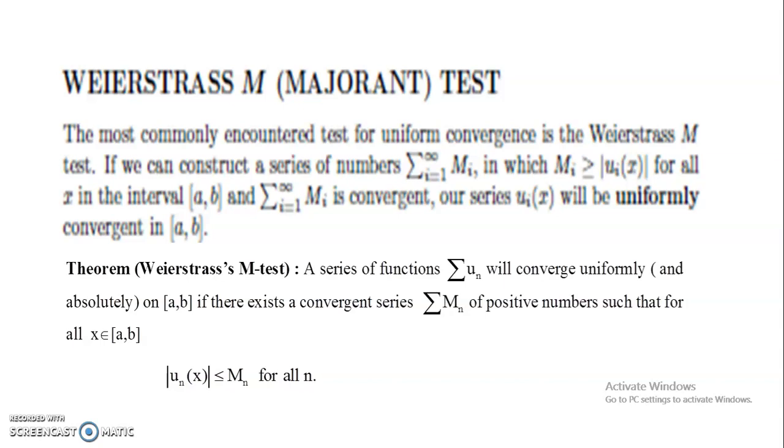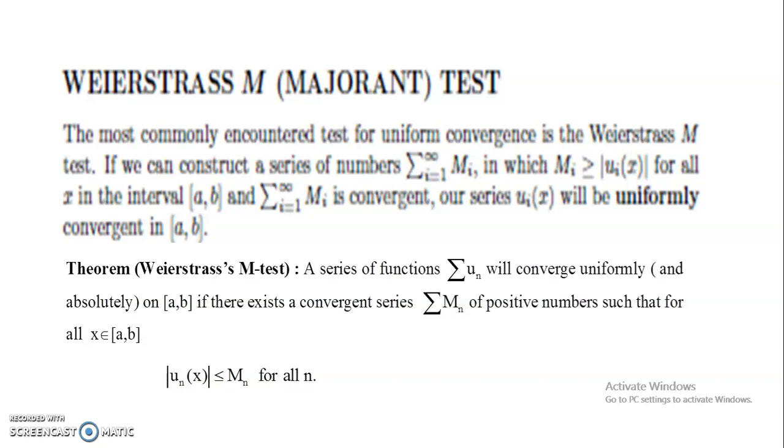That means, again I will state this Weierstrass M test. A series of functions, summation un, will converge uniformly and also absolutely on the closed interval ab if there exists a convergent series, summation Mn, of positive numbers such that for all x belonging to the closed interval ab, modulus of un of x is less than or equal to Mn for all n.